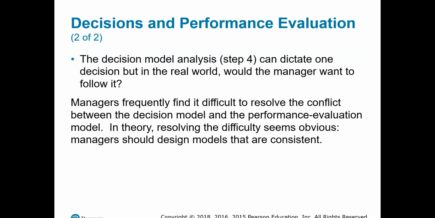However, in the real world, they are often not consistent. So we have to find a way for subordinate managers to make decisions that are in the best interest of the company through the performance evaluation, so that their goals align with company goals and we have goal congruence. That should be our focus.